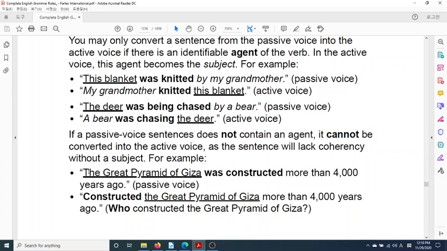So, the Great Pyramid of Giza, subject, object, was constructed, verb, more than 4,000 years ago. Okay, we don't have an agent here. Constructed the Great Pyramid of Giza more than 4,000 years ago. That makes no sense. You started a sentence with a verb. There's no subject there. You must have a subject, always.